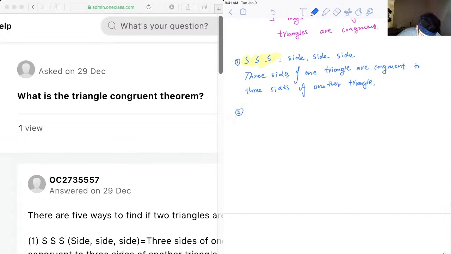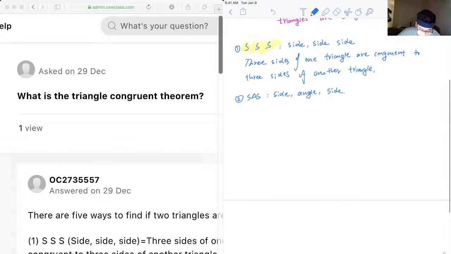And next we have SAS, which stands for side, angle, and side. Okay, so this means 2 sides and the angle between are congruent to the corresponding parts of another triangle.